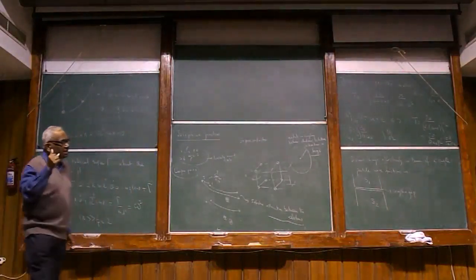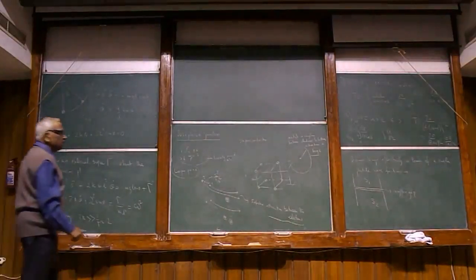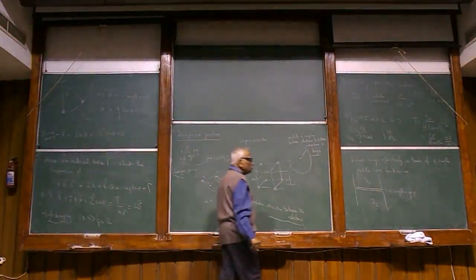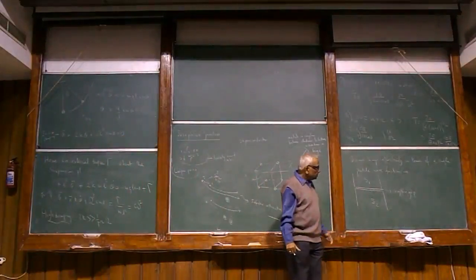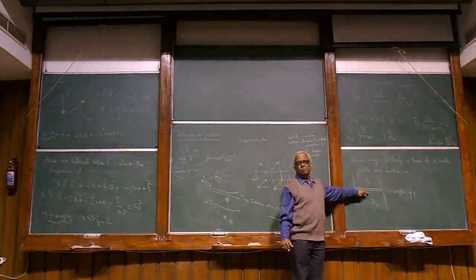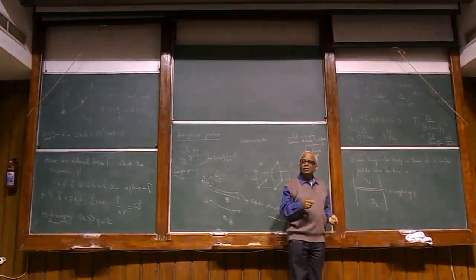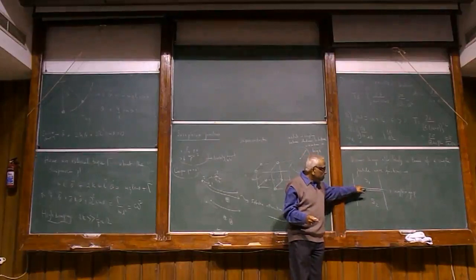So you have these two superconductors with a very thin gap in between, and what Josephson found was that there could be a tunneling supercurrent from S1 to S2. So the wave function which I talked about, it leaks out.